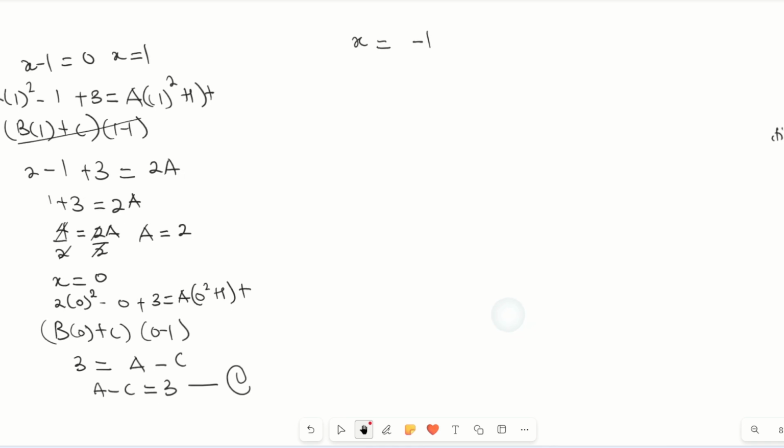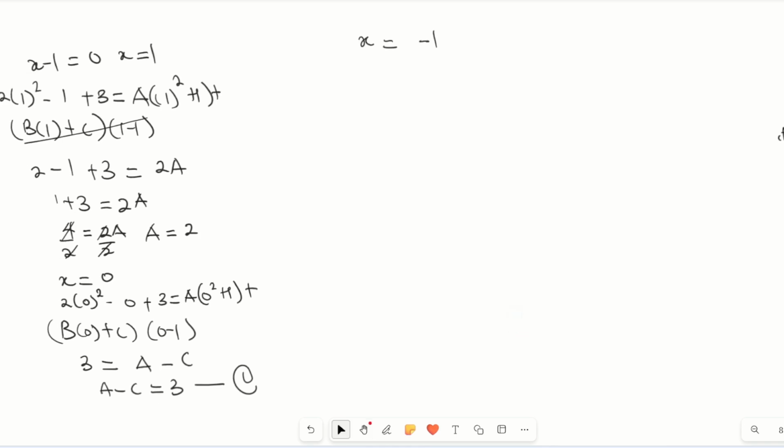And then we've also used x equal to 0, and we've gotten an equation in terms of a and c. So we can also use x equal to -1.